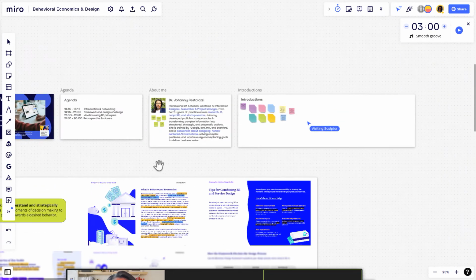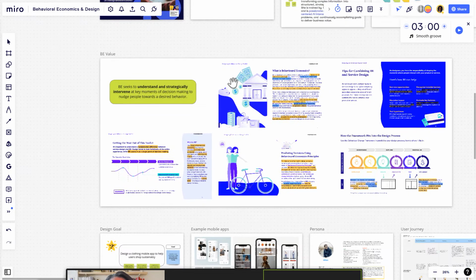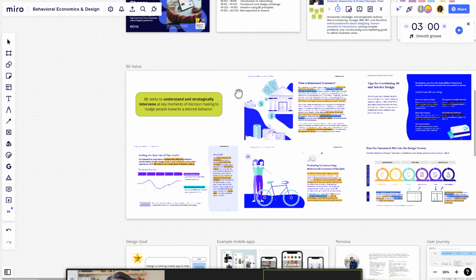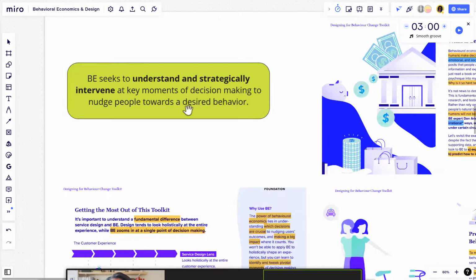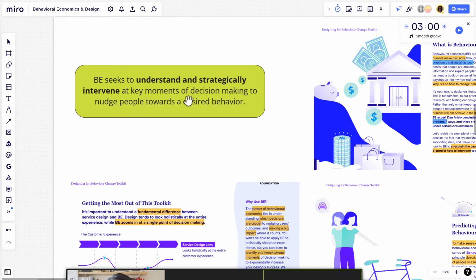So let's then move on directly into the framework. I would like to present you now some highlights of what this is about and what are these principles and then how this connects with design. So, first of all, behavioral economics tries to understand people's behavior and strategically intervene in pivotal or critical moments in which people have to make decisions to encourage people, in this case users, towards a desired behavior.